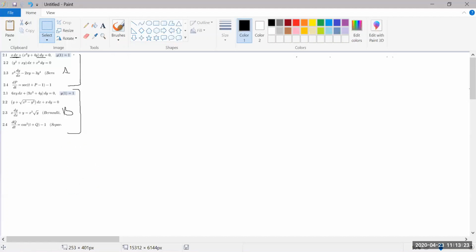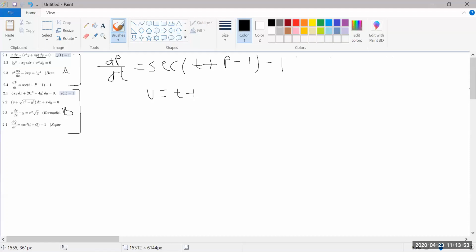Okay, so 2.4 is the last one on exam A, and that is dp/dt equals secant of (t plus p minus 1). We're using that substitution with the ax squared plus bx plus c equals u. And so our u in this case is our t plus p minus 1.